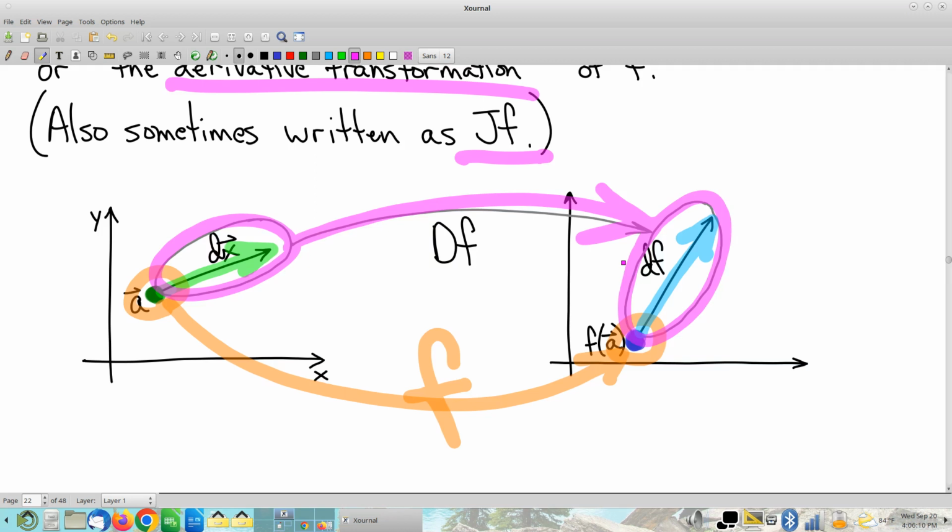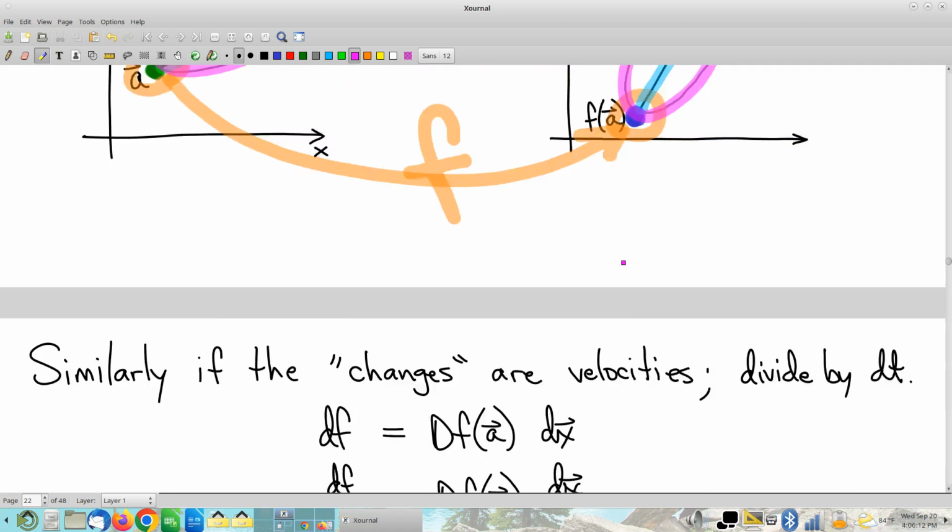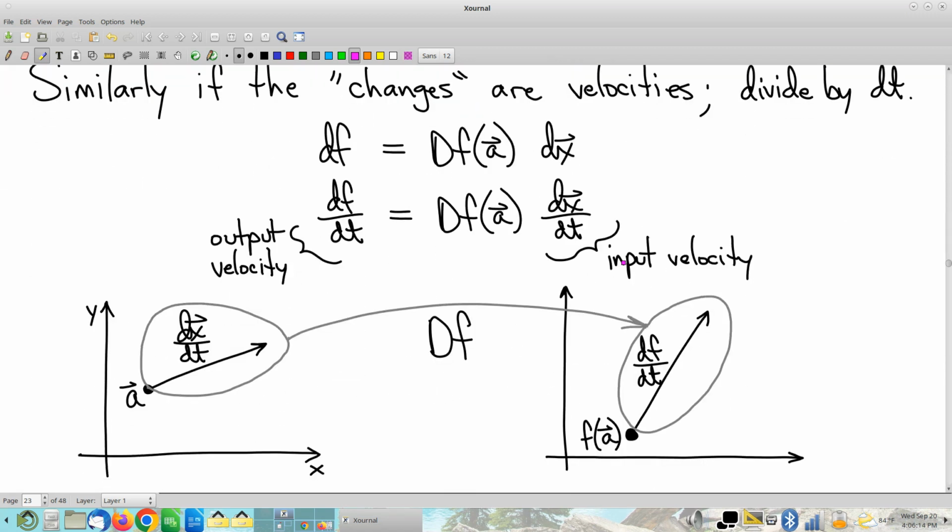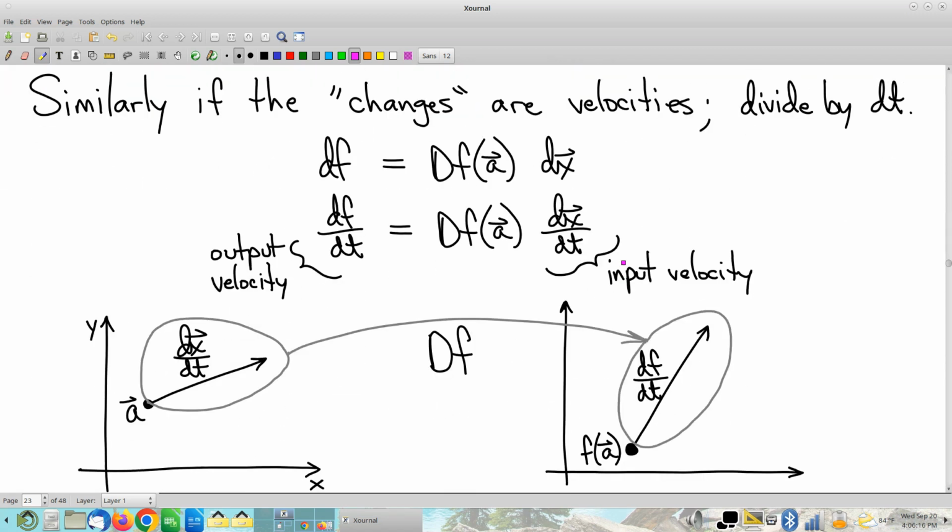Okay. Now a twist on this. If you think about it, you take the equation we've been talking about and just divide both sides by dt. Again, I don't want to get distracted by formalities, so quick and dirty, just divide both sides by dt. And now, what is it that the derivative matrix is doing?